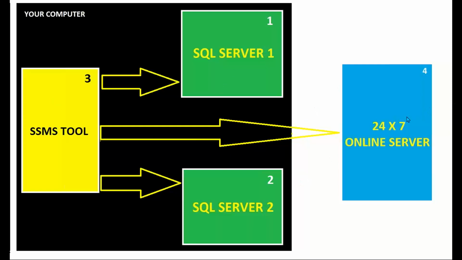Let's start with the first server, server 1. Then we'll repeat the process, server 2. Then we'll do the installation of the tool. Finally, connections. 3 installations, 3 connections.